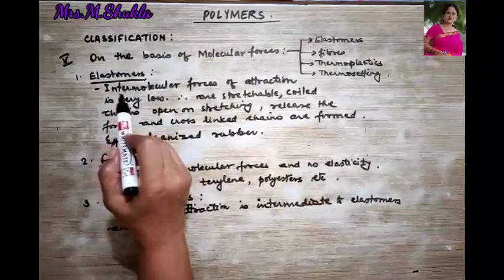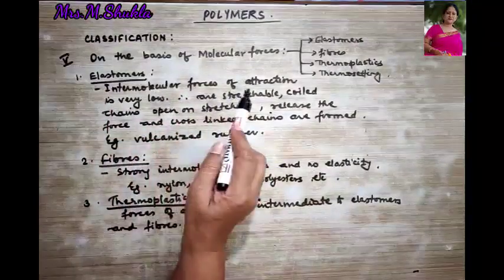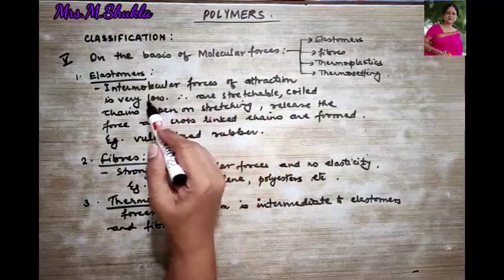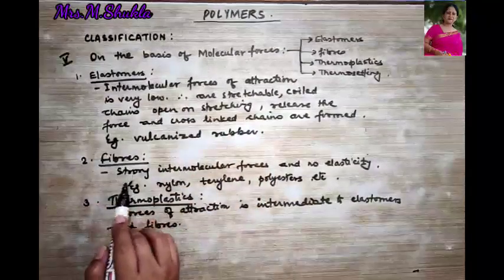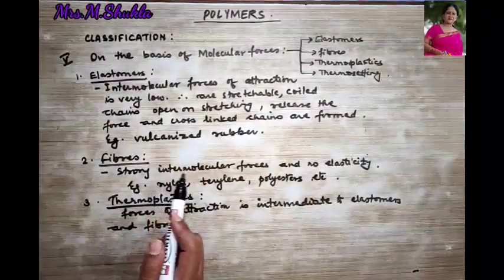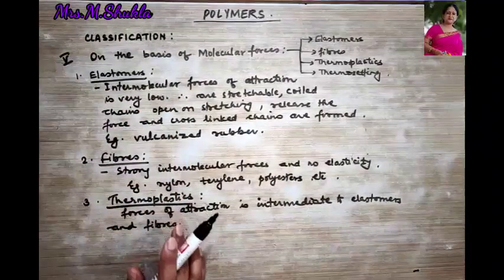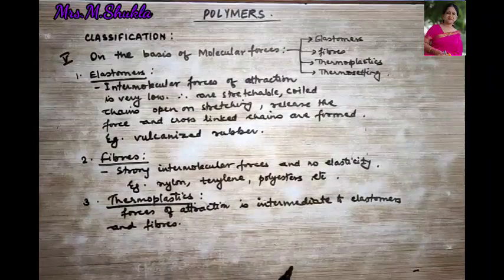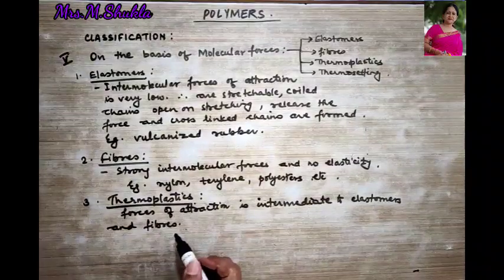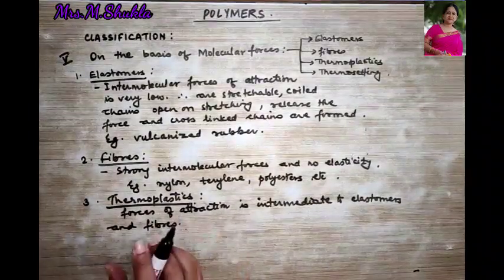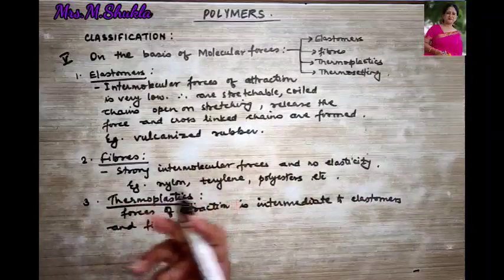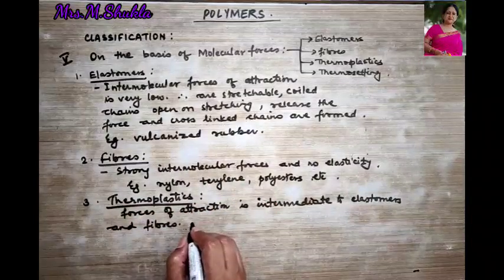Like in elastomers, over here the intermolecular force of attraction is very low, whereas in fibers the forces of attraction is very strong. So intermediate to both these elastomers and fibers, we get thermoplastics. Okay, then when they are heated, they become soft, and when they are cooled, they become hard, and then they can be used.